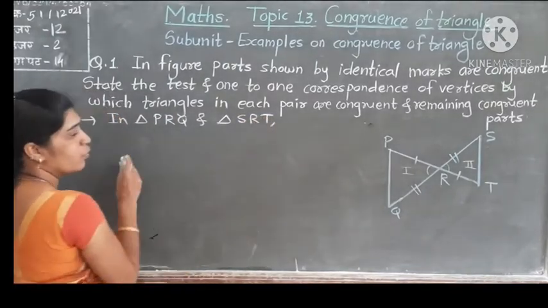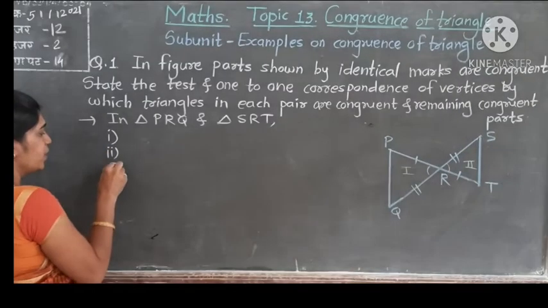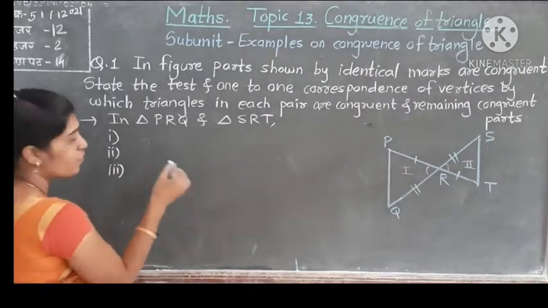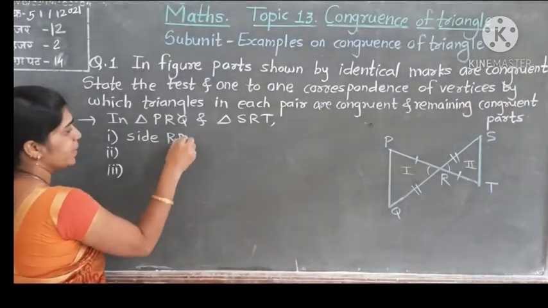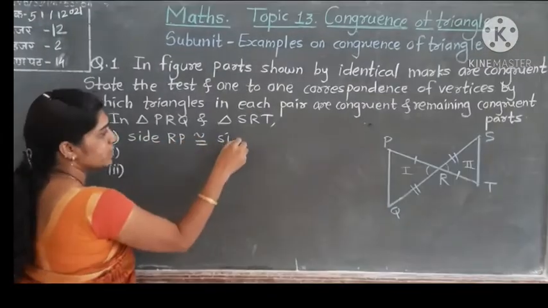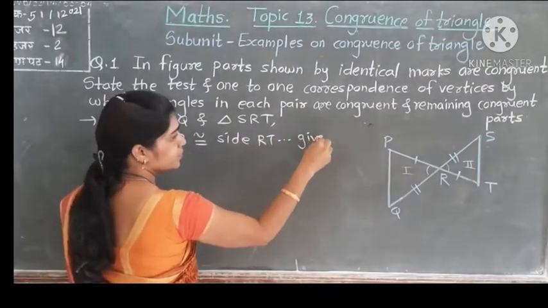What is given here? First 3 points are given. What are the 3 points? First, side RP congruent with side RT, given.